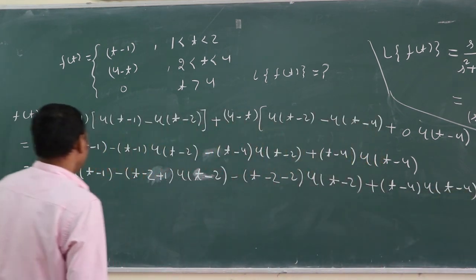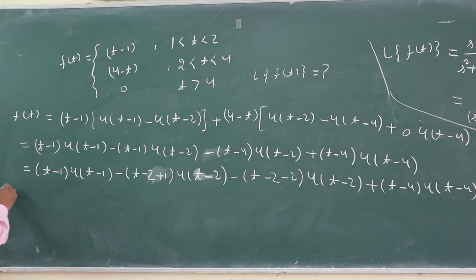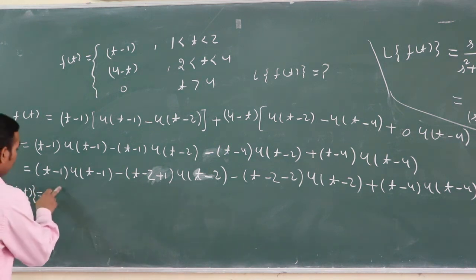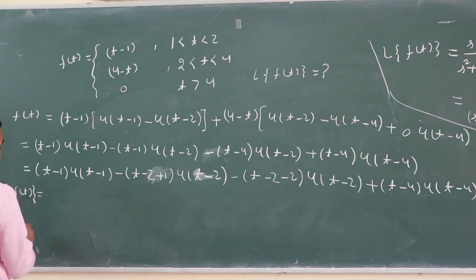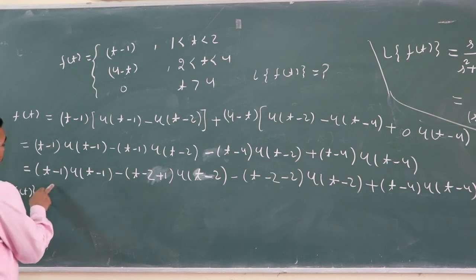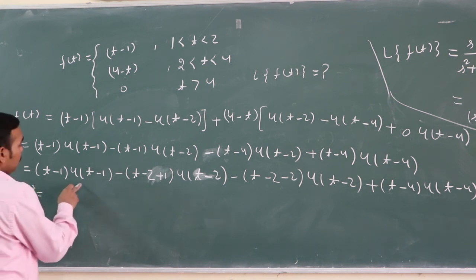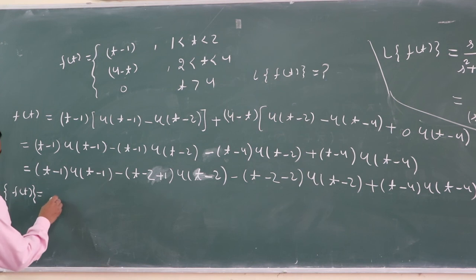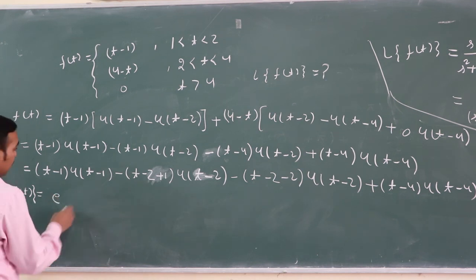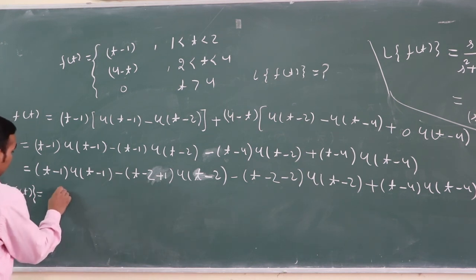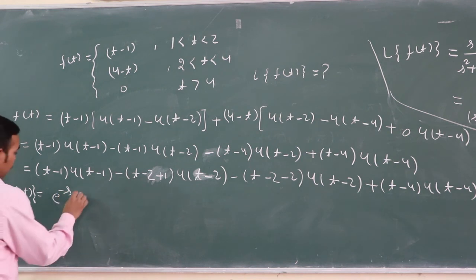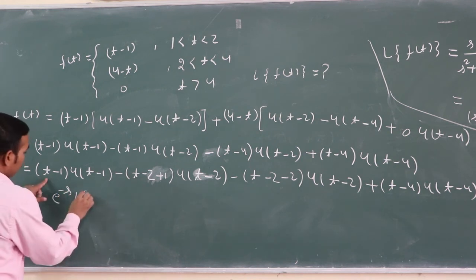So taking Laplace of f of t, we know that Laplace of t minus a times u of t minus a equals e to the power minus a s times Laplace of t. Here a equals 1, so e to the power minus s into Laplace of t.